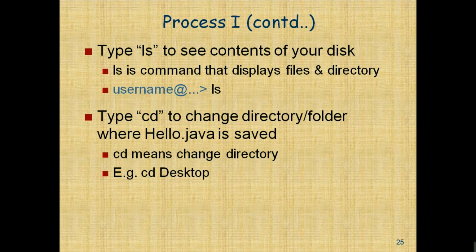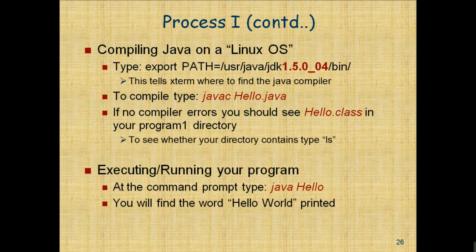Type ls to see the contents of your disk. ls is nothing but list, a command that displays files and directories. Type cd to change the directory or folder where hello.java is saved. cd means change directory, for example cd desktop.